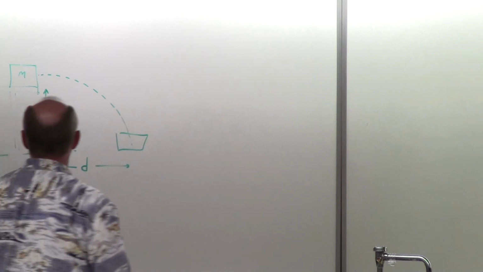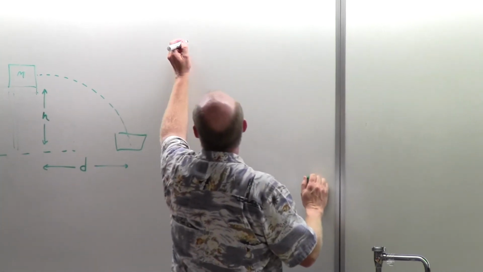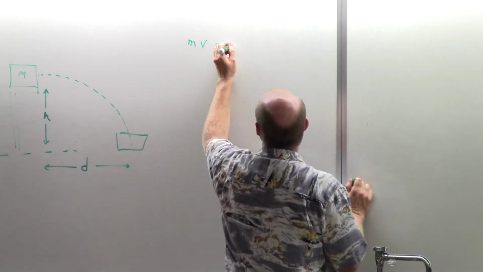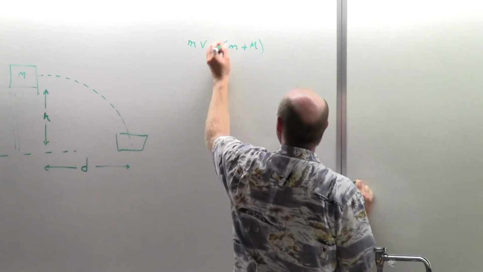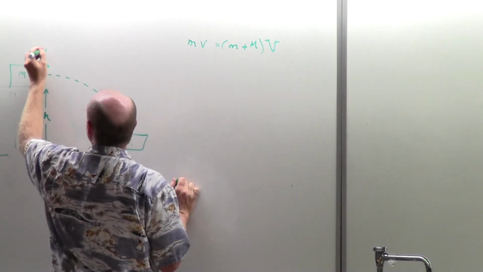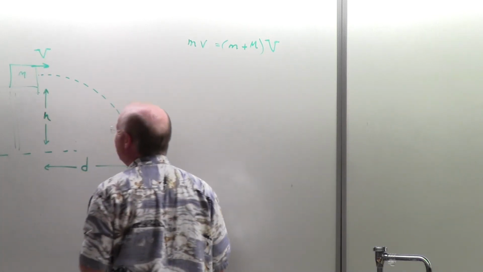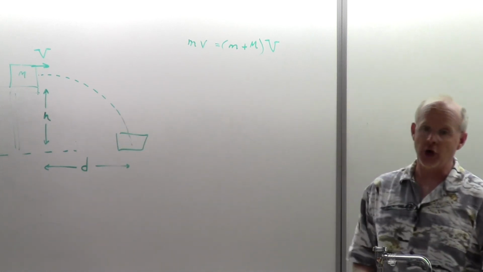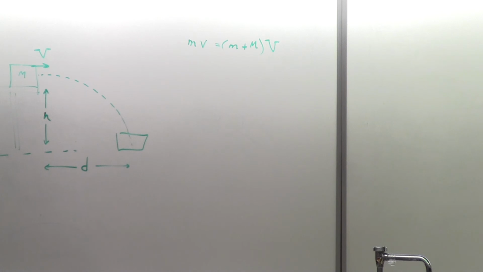So what we could do is we could say this, that the little m times the little v would be equal to the little m plus the capital M times the capital V. And what I mean by capital V then is the velocity right after the impact. And so I could apply conservation of momentum, but it's right after impact.